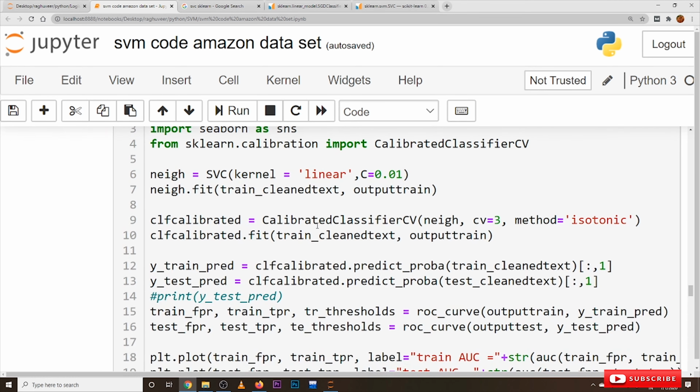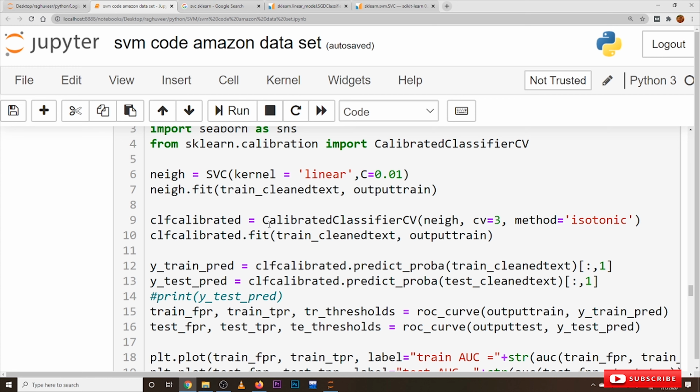But the disadvantage with SVC, well, it's not really a disadvantage: in SVC we don't have the probability values, and without probability values we cannot generate the AUC plots, area under curve plots. So how to get the probability values? For that we will use the CalibratedClassifierCV class.